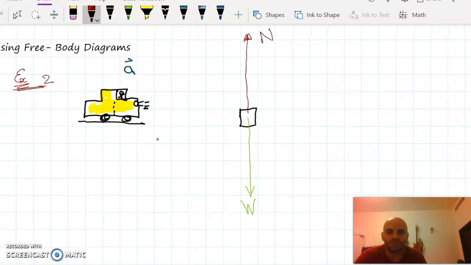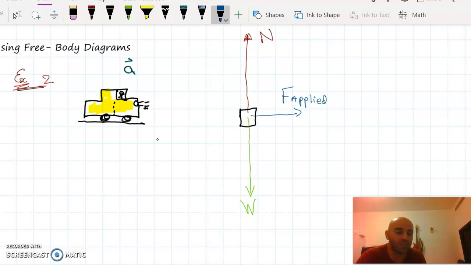Then we have a look and say, well, it's accelerating to the right, so there must be some force that's being applied to it to the right. I'm just going to label it as a force applied. You could very easily call it the force of the engine. You could call it thrust force, something like that. I'm just going to call it force applied.